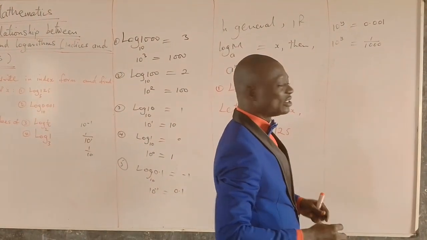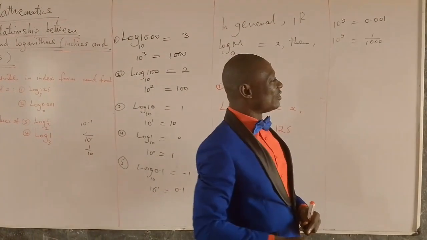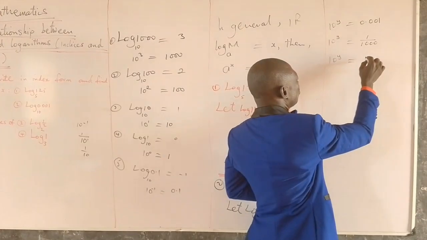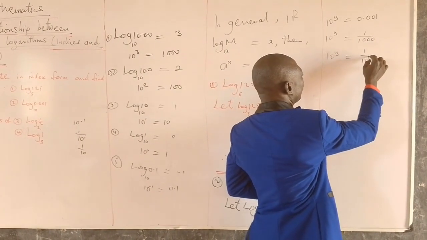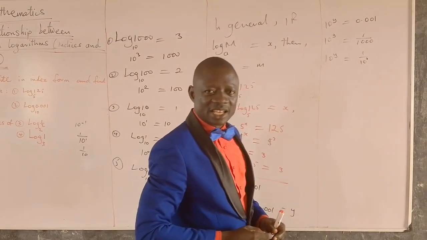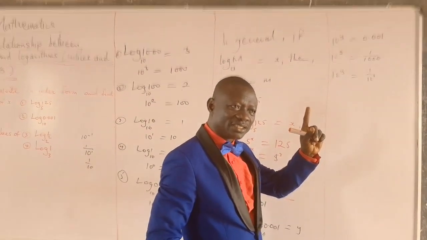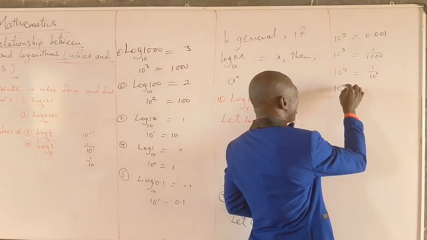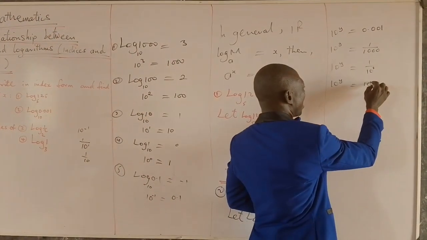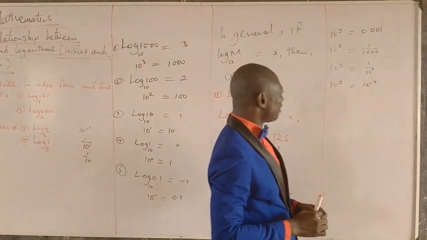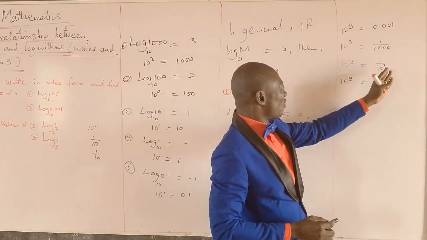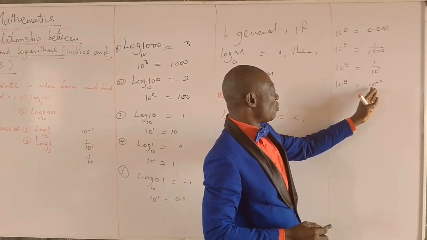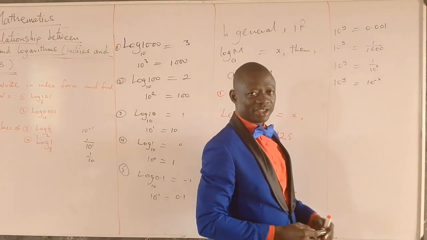I've changed it to a fraction. So 10 raised to the power y is equal to 1 over 10 raised to the power 3. Remember the laws of indices. We can also say that 10 raised to the power y is equal to 10 raised to the power minus 3. We have changed 1 over 1000 to become 10 raised to the power minus 3.